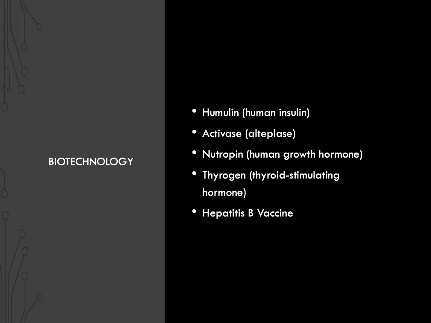Neutropin is a human growth hormone. Another example is Thyrogen. Thyrogen is a thyroid stimulating hormone. And then lastly, we have our hepatitis B vaccine, which is of particular interest to us, right? Because we are required to get the Hep B series as healthcare workers. All right, so a little side note here.